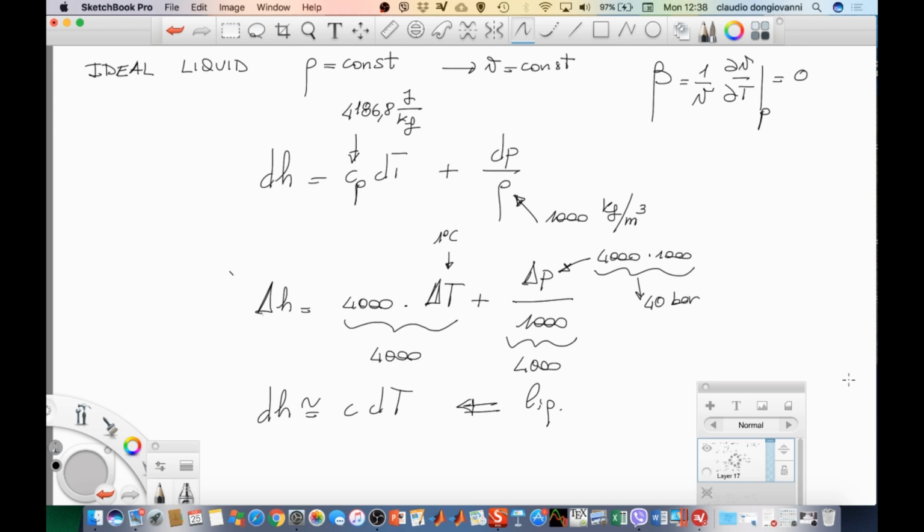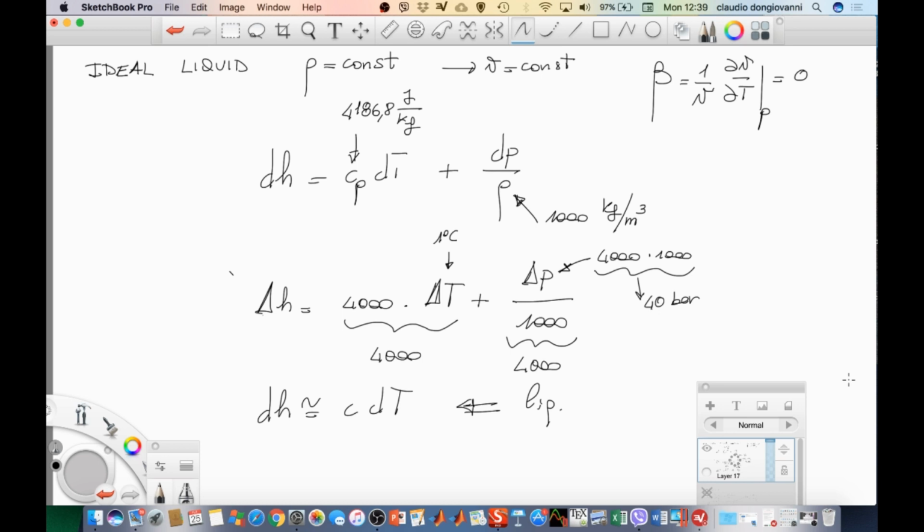If you study an injection system, a common rail injection system, for example, where the pressures are approximately equal to 1000 bar, in that case, the variation of enthalpy has to take into account also the effect of pressure, because 2000 bar are important. They can introduce a comparable effect.